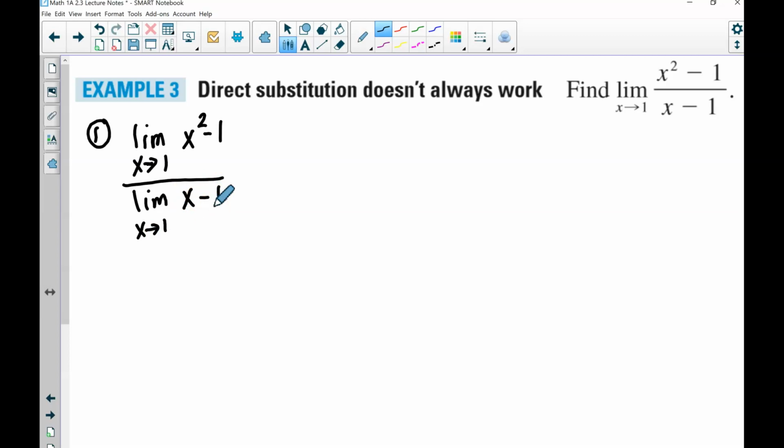Now, if we separate this using our limit laws, then we have subtraction in the numerator and in the denominator.